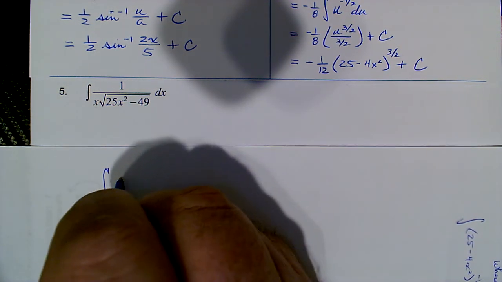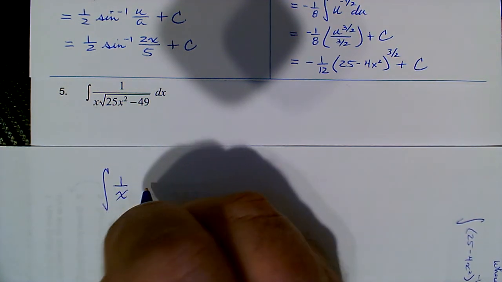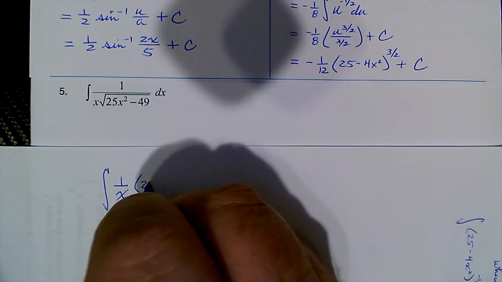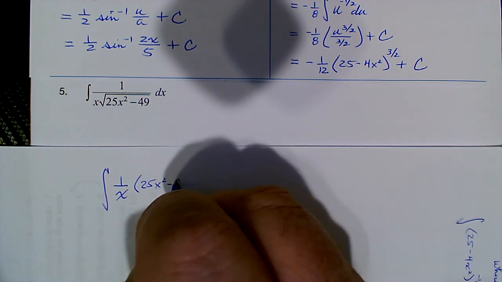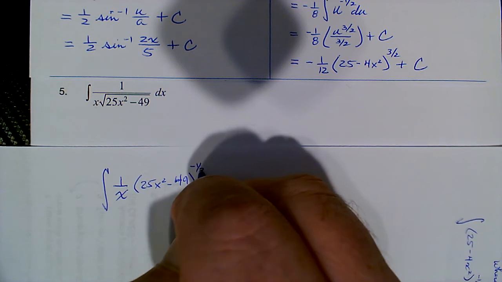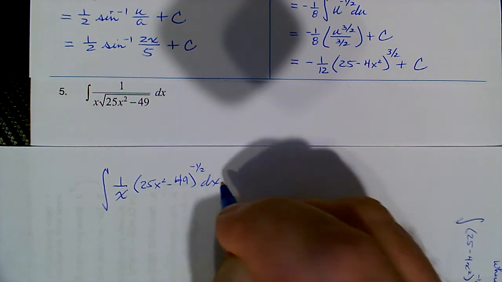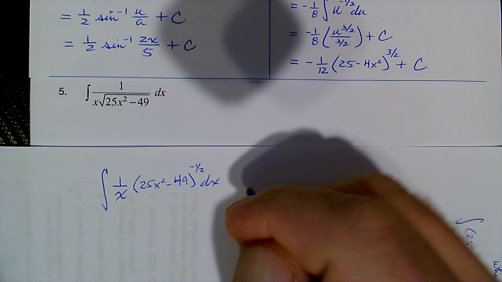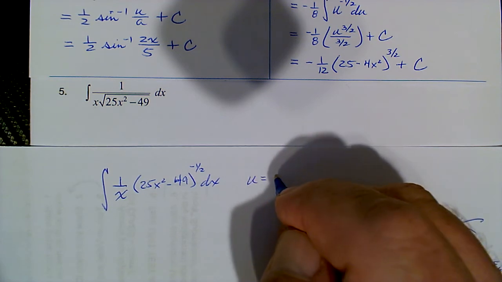If it were to fit the form of u to the n, we would rewrite it by writing 1 over x and then swinging the quantity 25x squared minus 49 up to the numerator. It would be raised to the negative 1/2 power, 1/2 because of the square root, negative because of the shift from the denominator to the numerator.